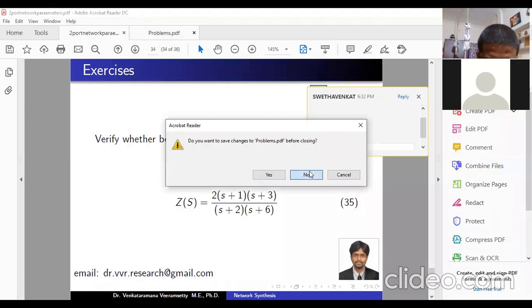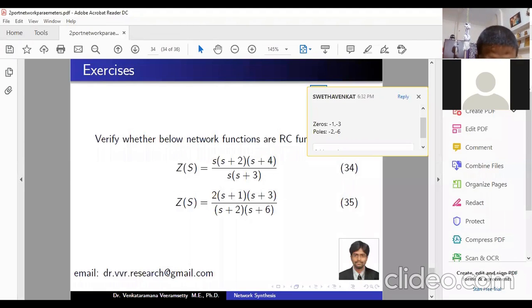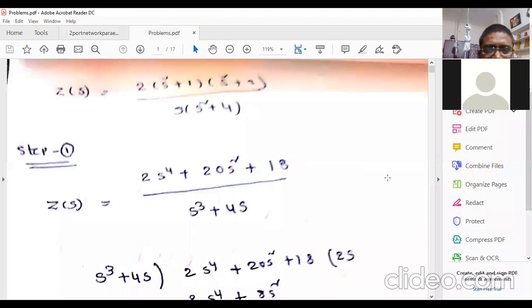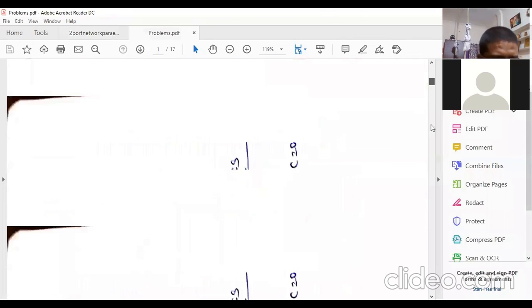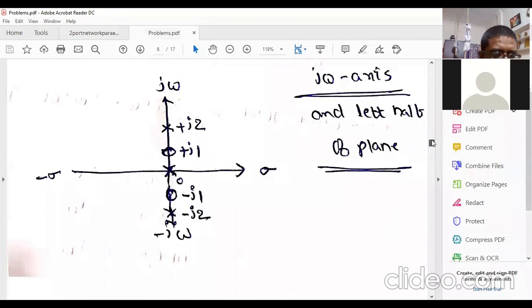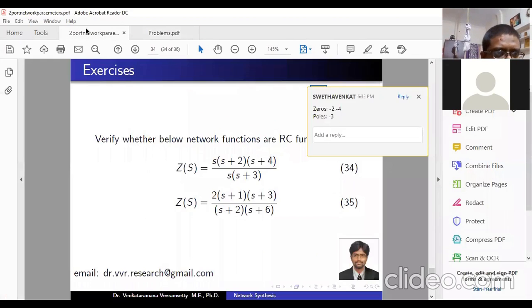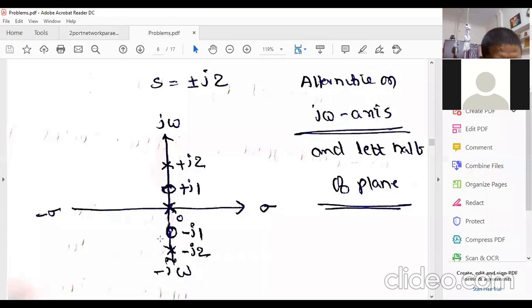So what happened? Try to mark them on the S-plane. Zeros are minus 1 and minus 3. Minus 1 means somewhere here, so this is the minus 1.